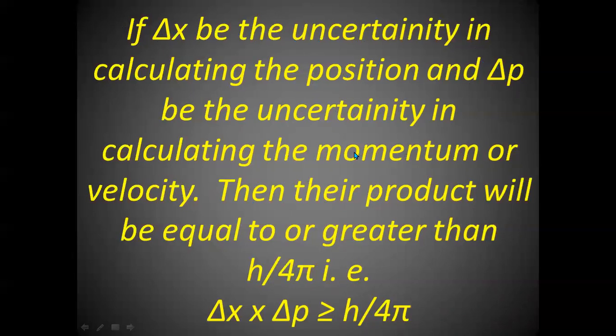Then the product of the uncertainties of position and momentum will be greater than or equal to h by 4 pi, or it is sometimes given as h bar by 2, where h bar is equal to h by 2 pi. So it will be h by 4 pi. You have to remember that the uncertainty in position into uncertainty in momentum is greater than or equal to h by 4 pi.